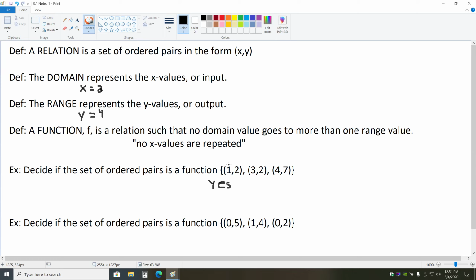So we go through this and notice we used x equals 1, x equals 3, and x equals 4. So no x values were repeated. This is a function. Now for the next one, go ahead and pause the video, see if you can figure out whether this is a function.